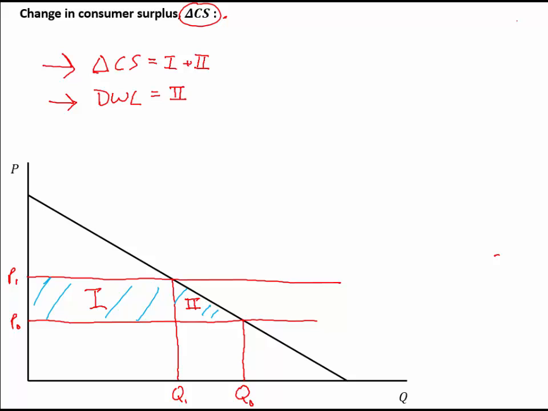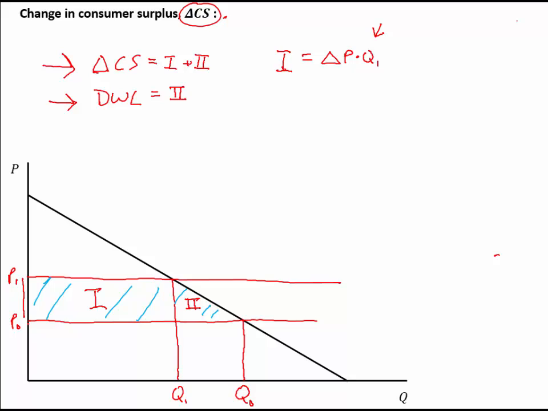Now, area 1 is just a rectangle, and its area is therefore simply its height times its width. The height is delta P, and the width is Q1. Now Q1 is not something we know in advance, it's something we have to predict.